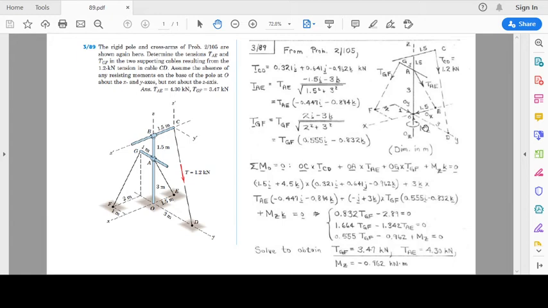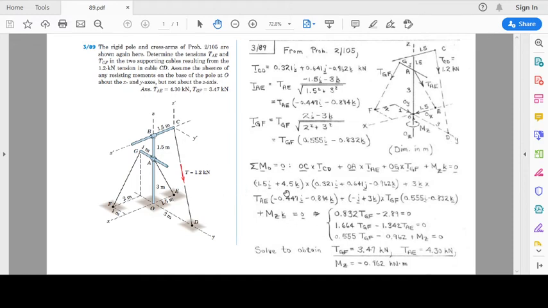The position vector he has used in the solution is point C. OC has been used as the position vector, but it is more convenient to use OD, because OD has just one component, which is going to be along J. So the position vector will only have J components, so the cross product is going to be easier.